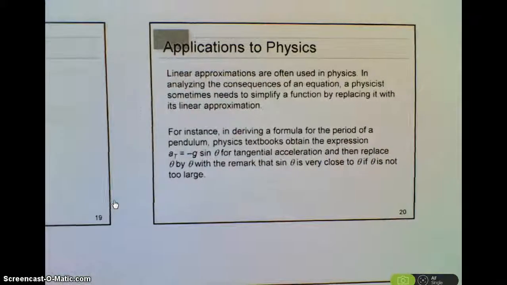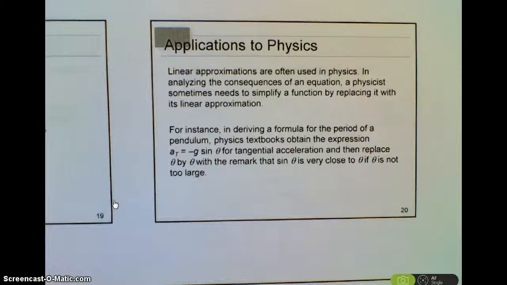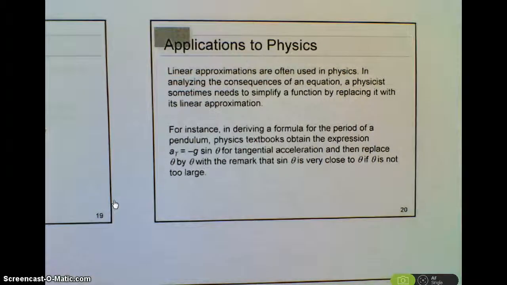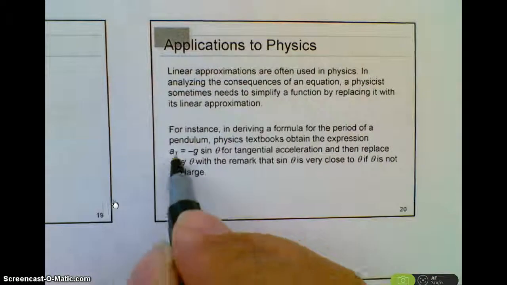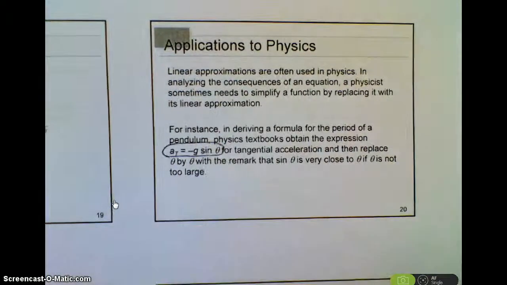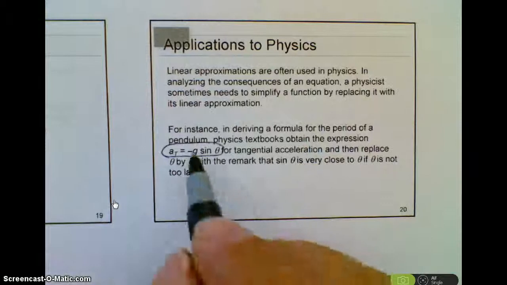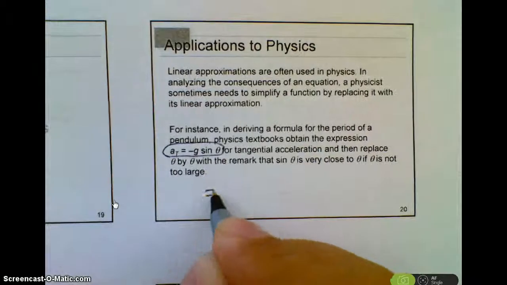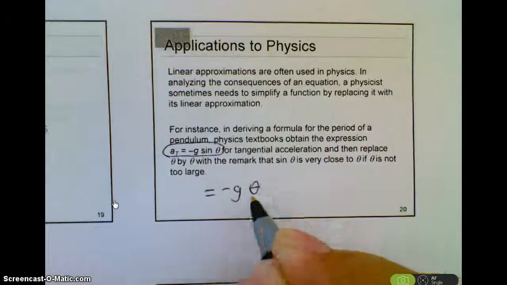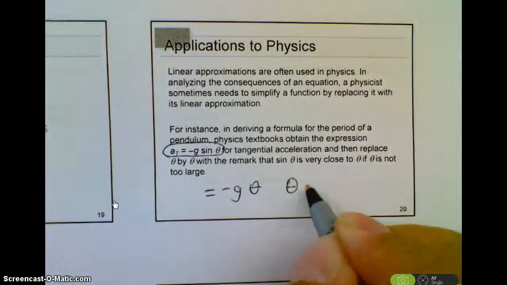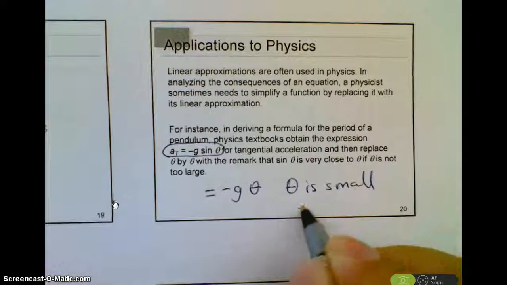This is something that I have encountered often whenever I read physics books or even biology books, whenever they say we're going to approximate this equation to make things easier. So this is something that I have seen before. This formula is being replaced by simply negative g theta whenever you say that theta is small, meaning around 0.